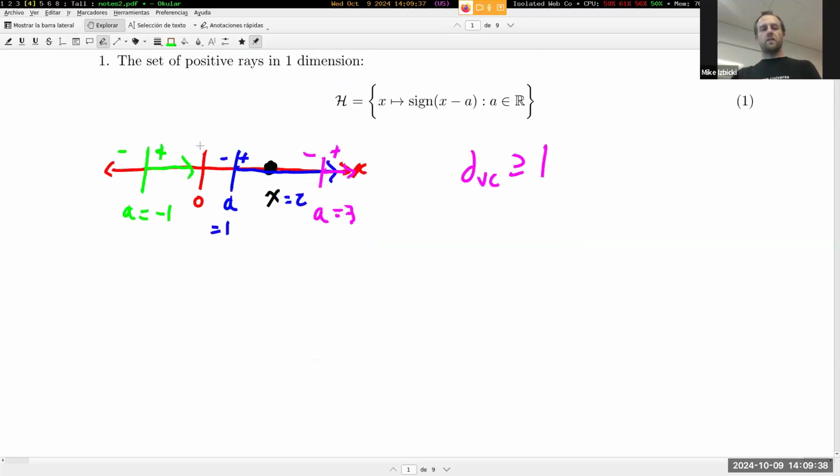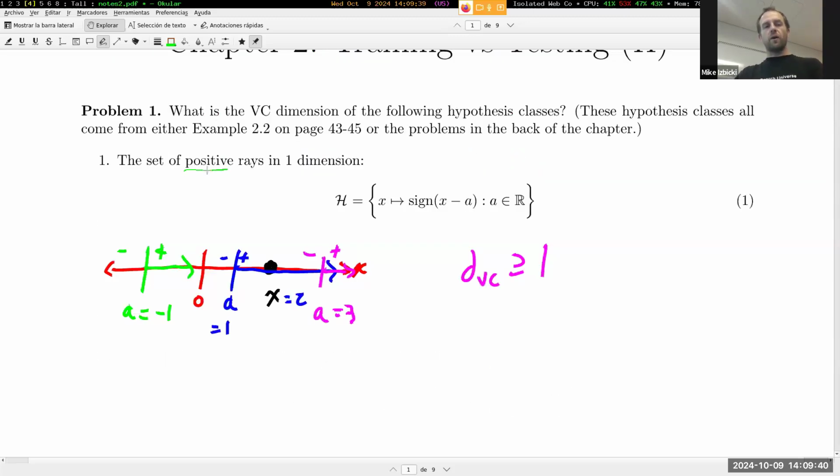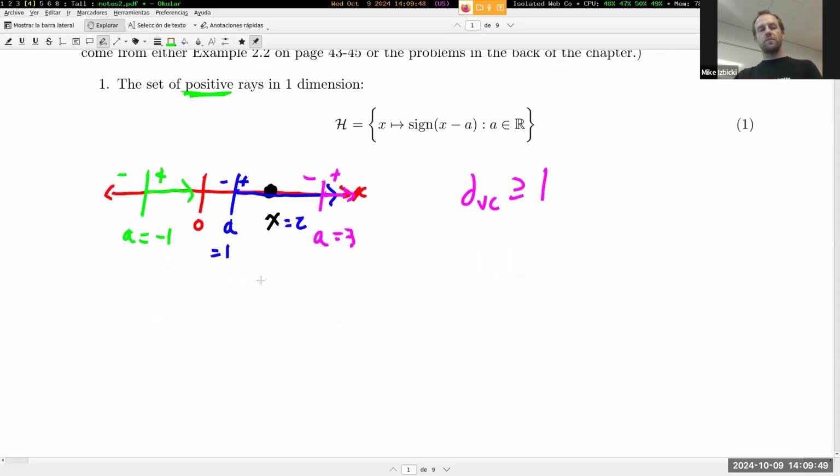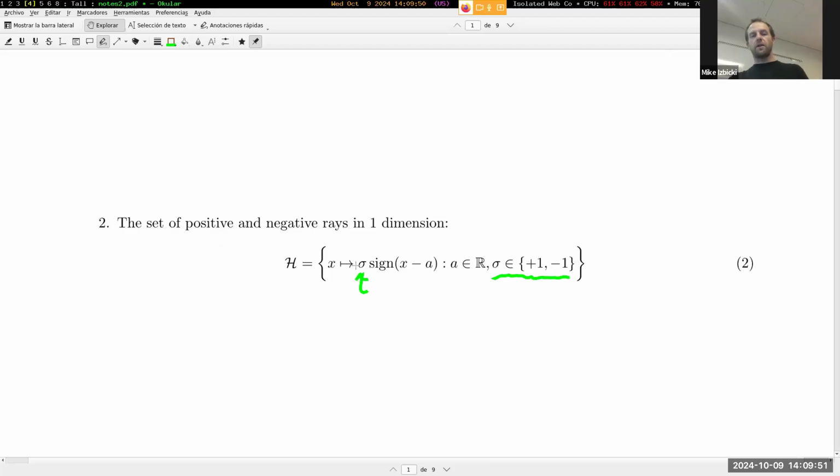So this is in some sense just a terminology thing about why this is called positive. It's not the fact that a can be positive, it's the fact that the positive only happens on the right-hand side of the threshold here. Down here where the positive can happen on the right-hand side or the left-hand side, we call these the positive and negative rays in dimension 1.